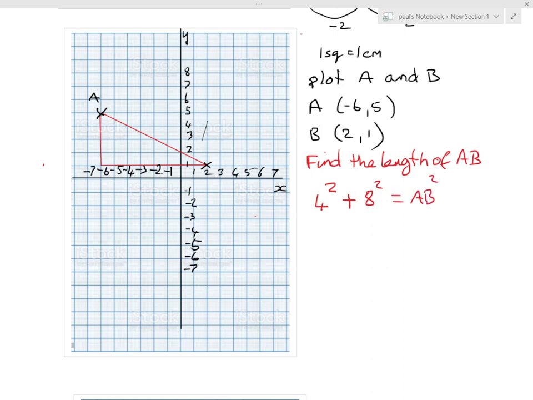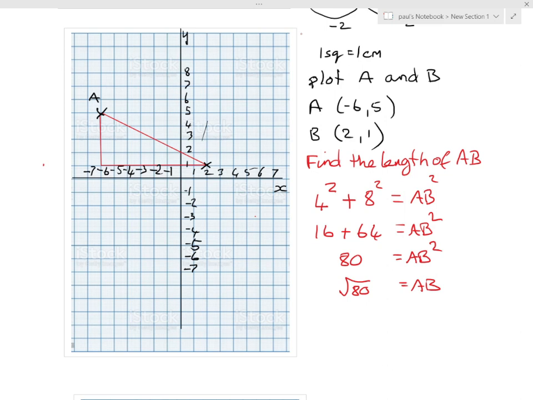Now, 4 squared is 16, 8 squared is 64, which equals AB squared. So 80 equals AB squared. The square root of 80 equals AB. The square root of 80 is what? Don't know. Press the button.